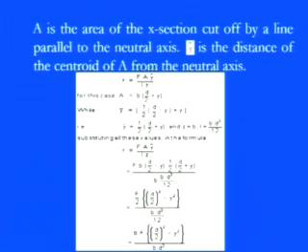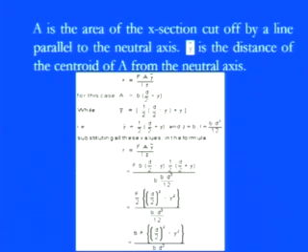Again, you can calculate y bar, because it lies exactly at the midway point of the strip. We have the distance from the neutral axis as y bar, so we calculate it just by the midpoint. First, the strip height is d by 2 minus y, and from the neutral axis to the strip we have y.